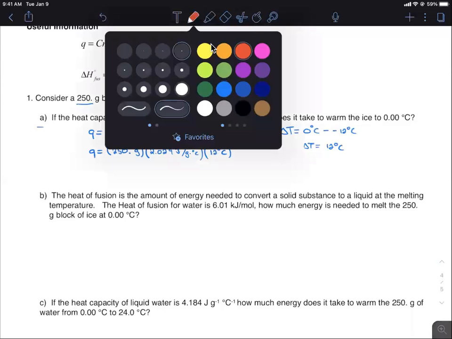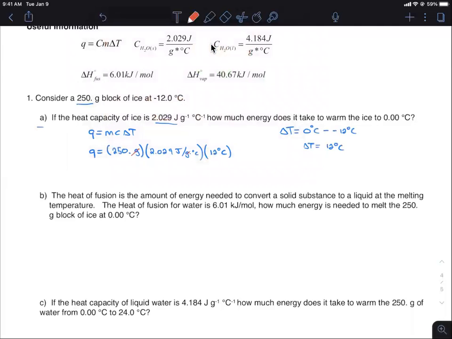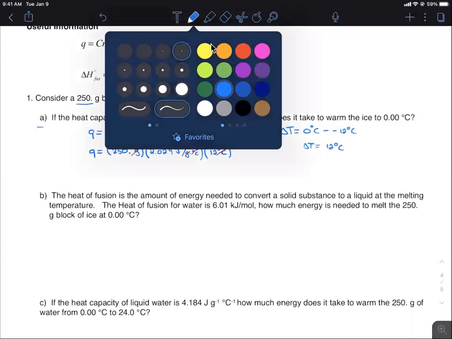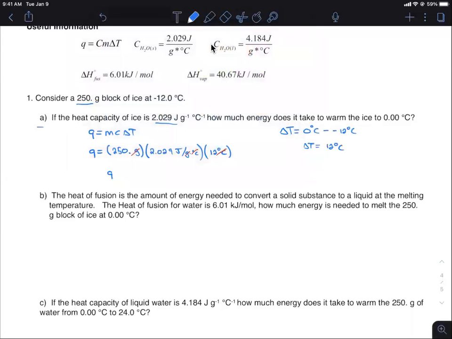We can watch our units and see that grams are going to cross out, degrees Celsius are going to cross out, and we're going to be left with joules. So we get Q equals, and when I calculated that, I got 6087 joules. That is the amount of energy it takes to warm that piece of ice, which hopefully makes sense. That is a positive number, and it should be, because we have to put in energy to warm that piece of ice.